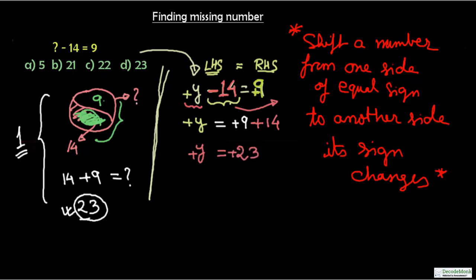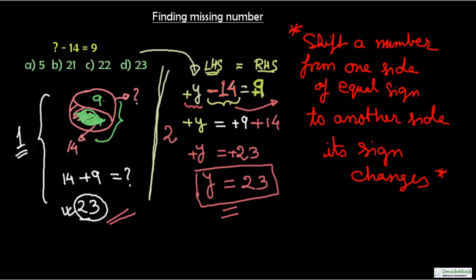You may or may not write plus. I told you, if no sign is there, then that should be considered as plus. So this can be written as y equal to 23 also. So this is one way of doing the problem. This is another way of doing the problem. So you have got two ways of doing such a problem.